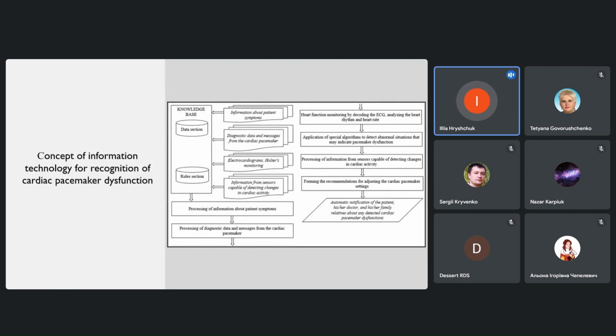On this slide, you can see the concept of information technology for recognition of cardiac pacemaker dysfunction.